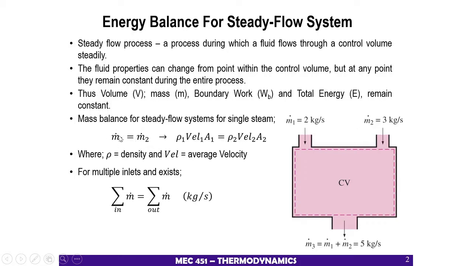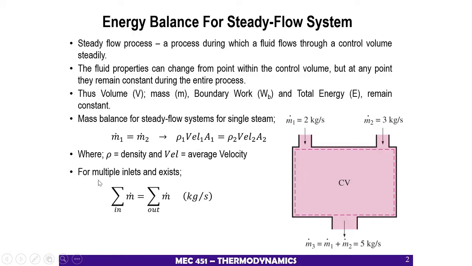So the mass is rho times velocity times area, equivalent to rho outlet, velocity outlet, and area outlet, whereby rho is your density and vel is the average velocity. We need to differentiate, because if we use V we may confuse it with volume, so for velocity we use vel as the subscript.